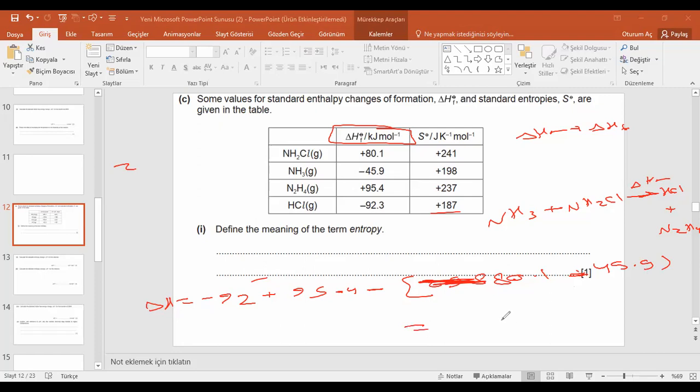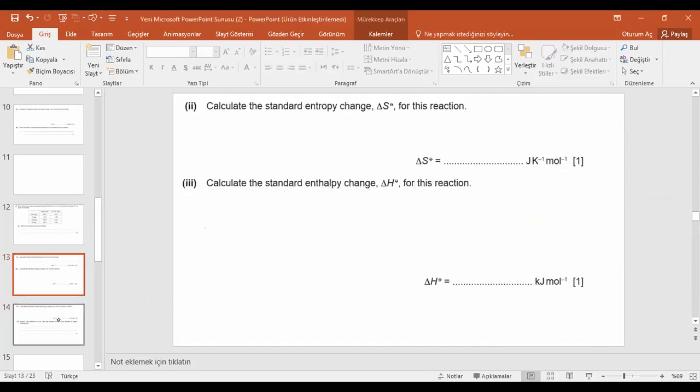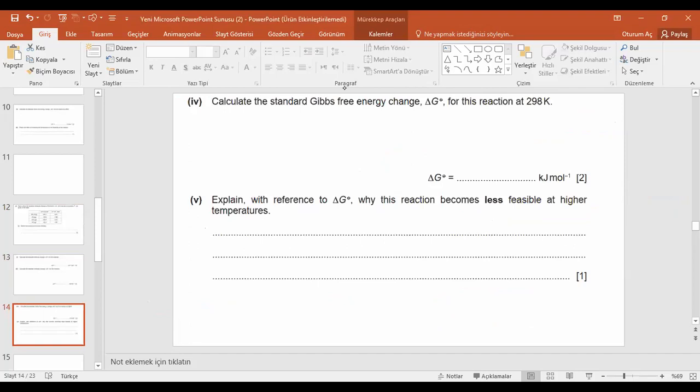So the value here will be minus 31.1. So this is, guys, an exothermic process, but you don't have to know this anyway. Let's move to the next part of the question.